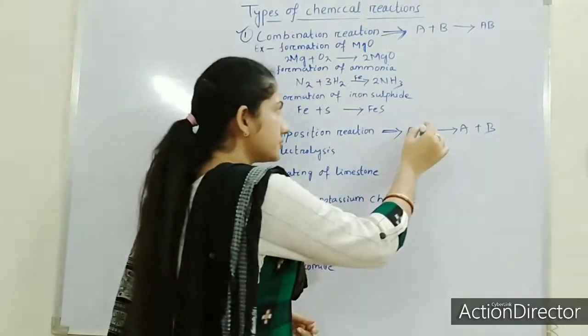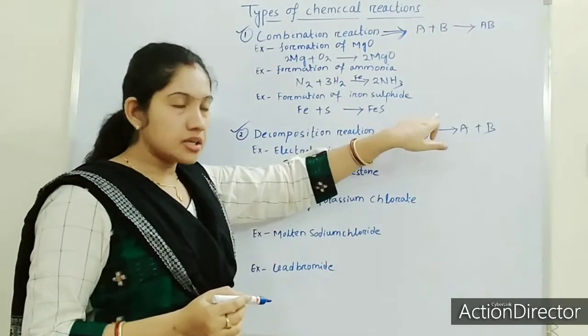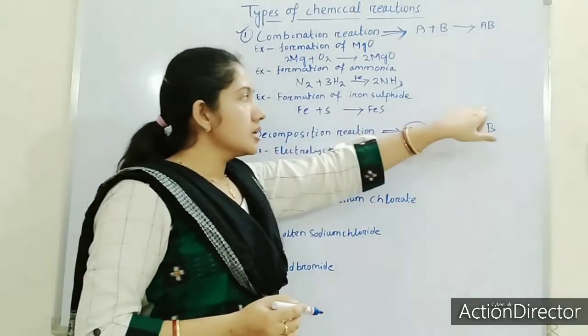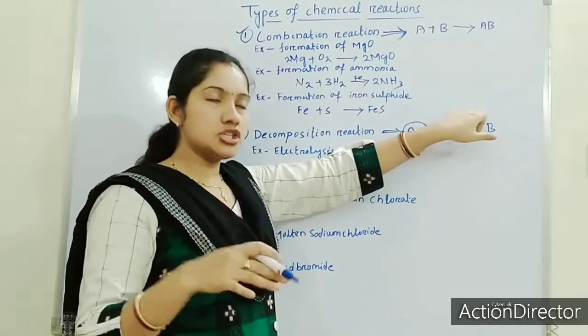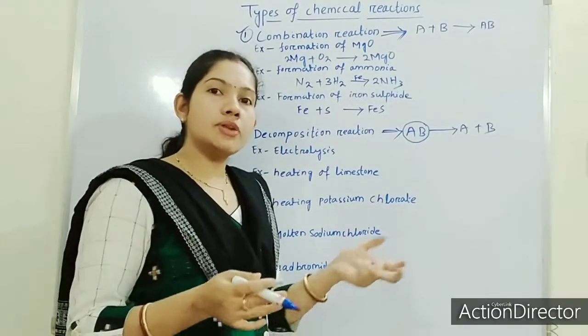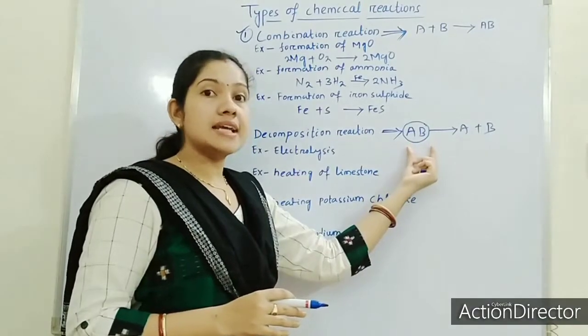Here a single reactant. See, here we cannot say it as a product, because products always will be towards this side. When I teach you about chemical equations, at that time I will tell you about reactants and products in more detail. So here this is a single reactant.